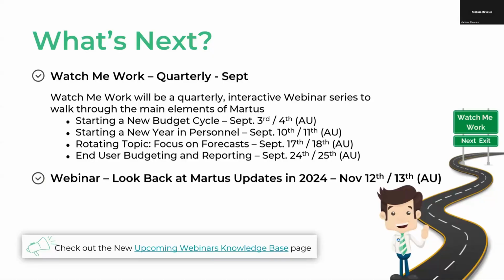We're going to do our rotating topic, which will be personnel updates. And then we're going to be doing our end user budgeting and reporting training. That is one of our few webinars that is focused on your end users. We invite them to that. And then in November, Glenn is going to be back with us for a look back at Martus updates in 2024. That will be in November, right before all of the holidays.